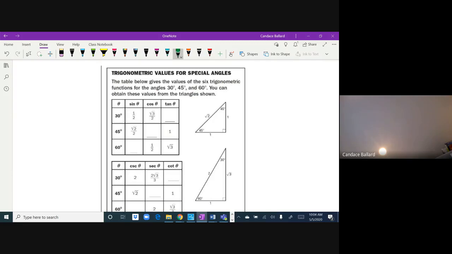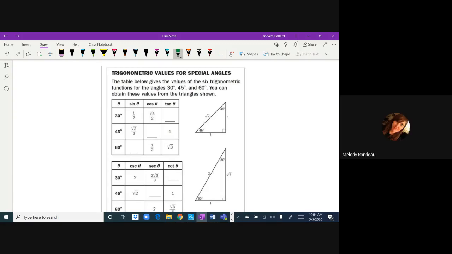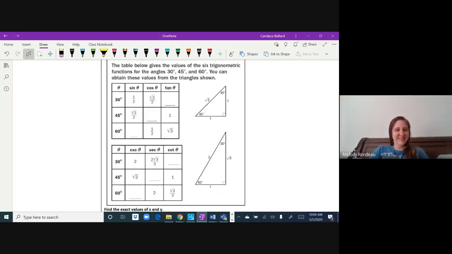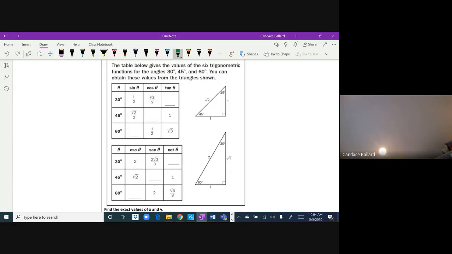I'm assuming, are you putting the formulas in there, Miss Rondeau? Yes. Okay, so, as I always teach it with the formulas, we didn't discuss that ahead of time. So all I'm doing is the ratios based on what we did yesterday. All right, so I'm going to come at this from the approach of sine, cosine, and tangent. I'm going to start with my 30 degrees, which would be this triangle right here.